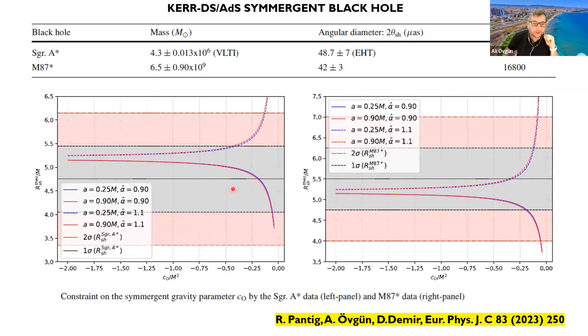For M87, you can see that they are in the 1 sigma region, where the range in C0 is more extensive in M87 than Sagittarius A. We also observe that the less negative C0 introduces more sensitivity to deviation than more negative C0. That's why we take the C0s here mostly as negative values.